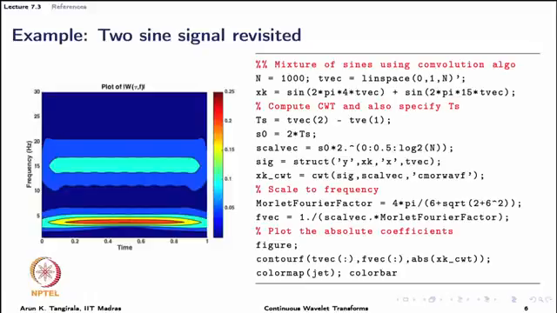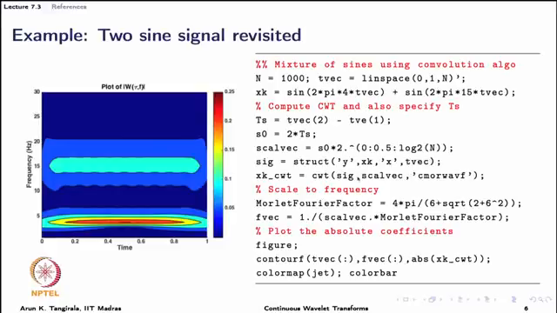What CWT does implicitly or within the code is it computes a sampling interval based on the time vector that you have given. And it is very important to do this, because the moment you set your sampling interval to this and you set your minimum scale according to the Ts, you have to pass on the time instance or the sampling interval indirectly to CWT.